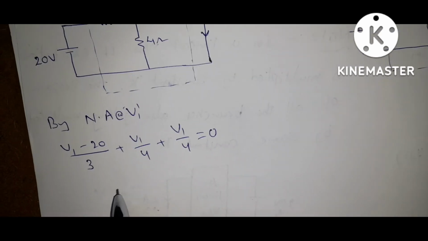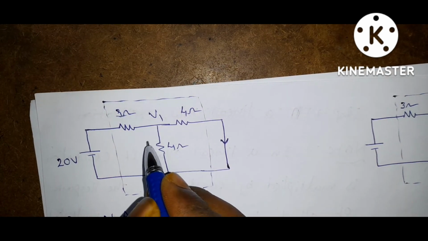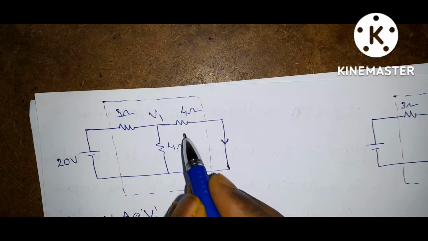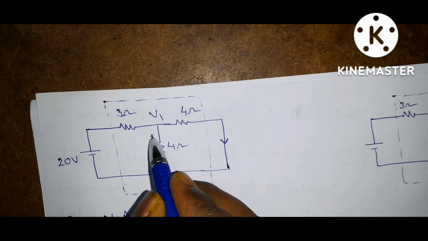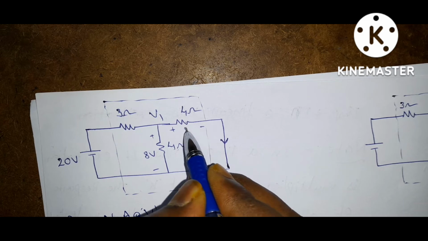If you solve this, you will get V1 is equal to 8 volts. 8 volts is the voltage across this resistance and this resistance, because these two are connected in parallel.